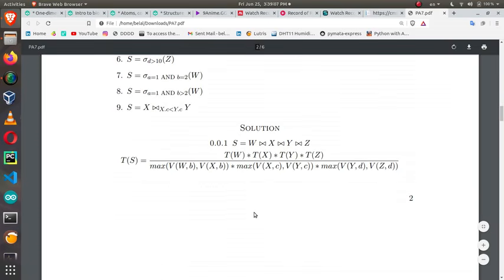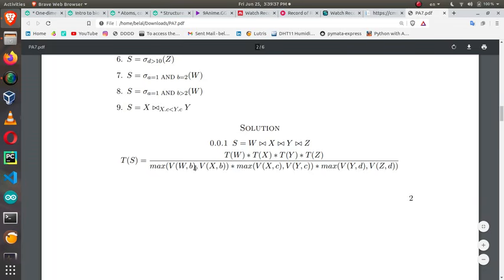The shorthand formula is the following: multiply the number of tuples for each relation, all of them together, in the numerator, and divide this numerator by the maximum of distinct values for each attribute that we use to join each pair of these 4 relations.